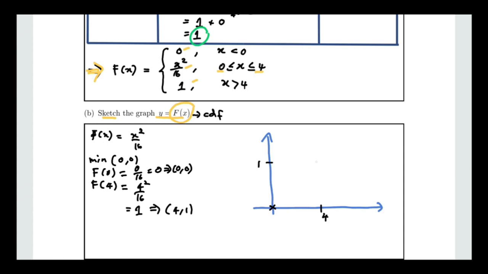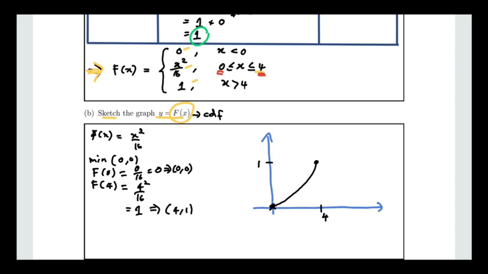I'm going to denote it as a solid dot, since 0 and 4 are included values. So we start with the black dot and end with the black dot. Just connect these 2 points using a curve. Just sketch the curve.